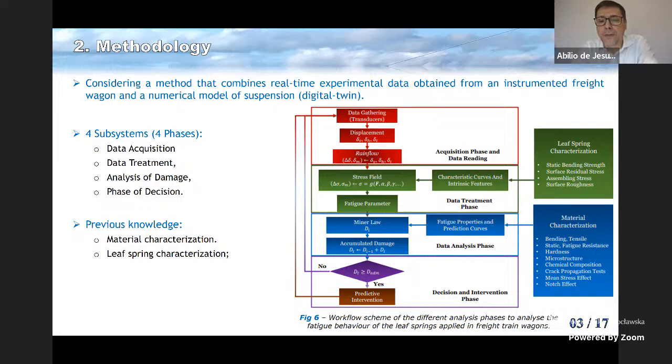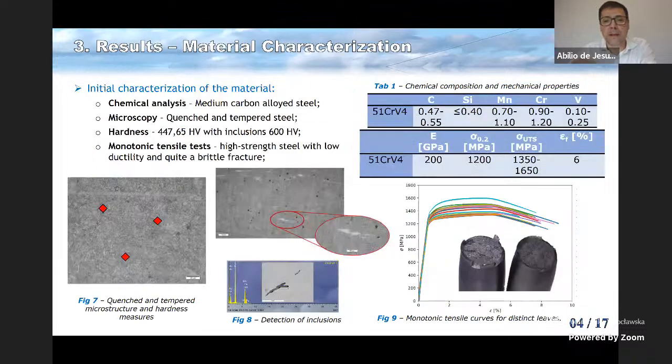We need also to characterize the material, taking into account fatigue behavior. I will show you some results. Then we will make the assessment, and the final phase will be the decision about palliative interventions, replacements. So this is basically what we are proposing, and I will show you now some of the results.